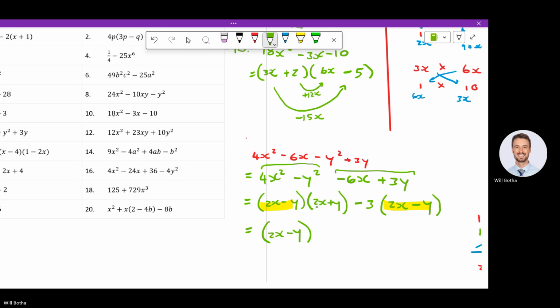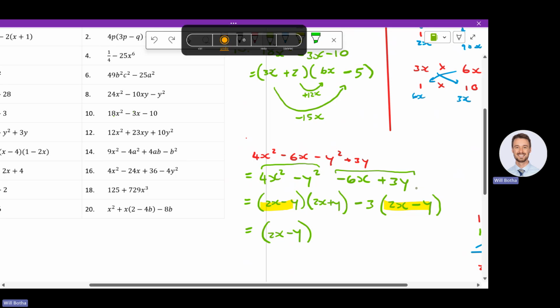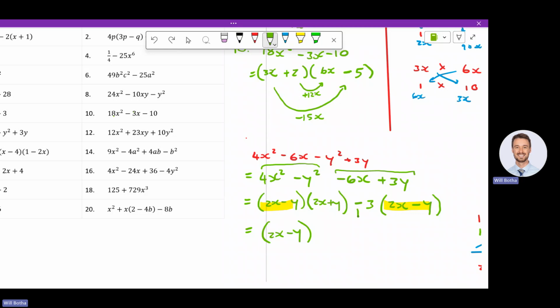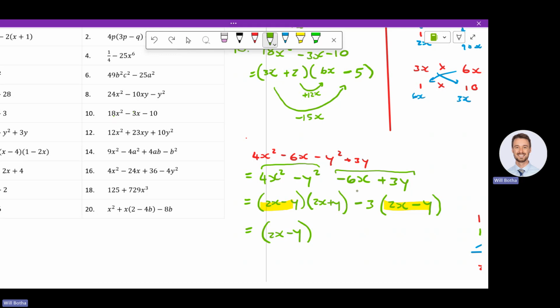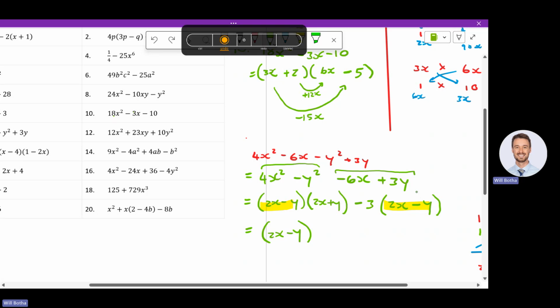Negative. Which one? This one. Because what did I factorize out? Did I factorize out just the 3? Or did I factorize out the negative 3? Why did I factorize out negative 3 is what Taylor asked me. Because I want this bracket to have a negative there. If I factorize out that bracket, what is left in this first term?